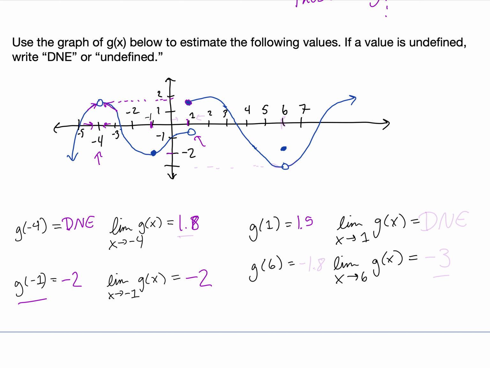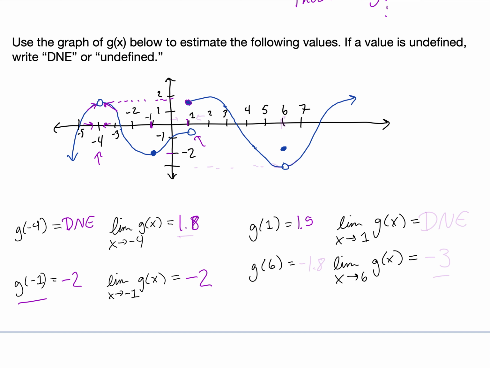What about the limit as x approaches 1 of g of x? So the definition of the limit is if the function approaches a single value as x gets close to the number 1 but is not necessarily equal to the number 1, then the limit exists. If the function does not approach a single value as x gets close to 1, then the limit does not exist.